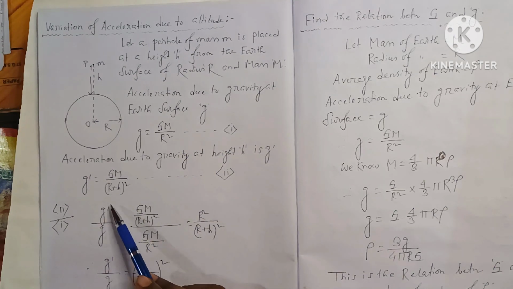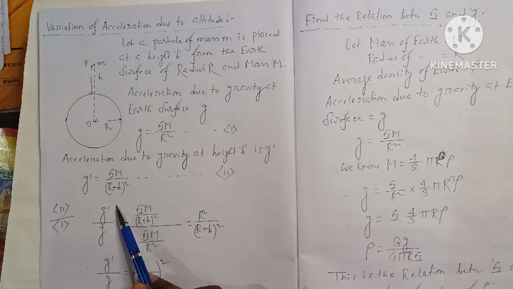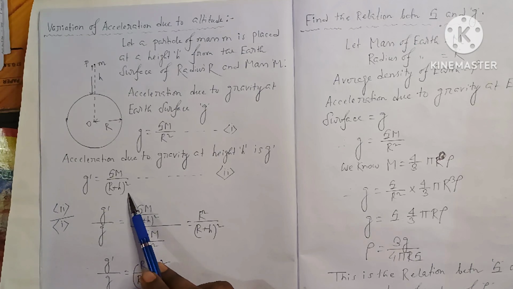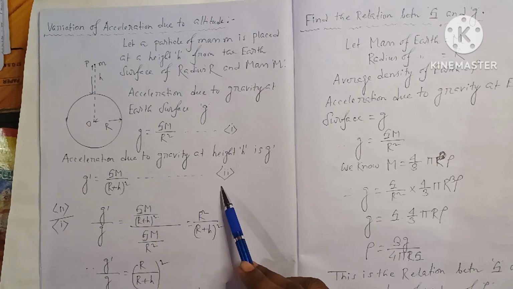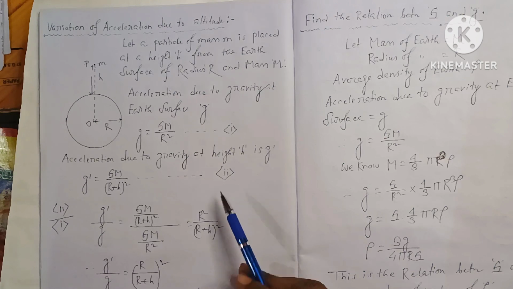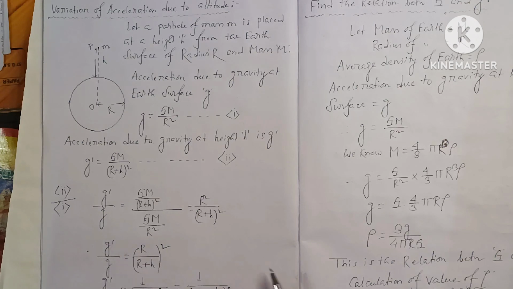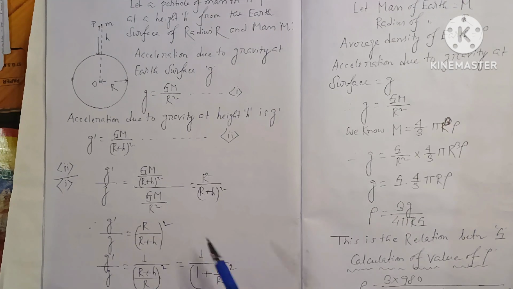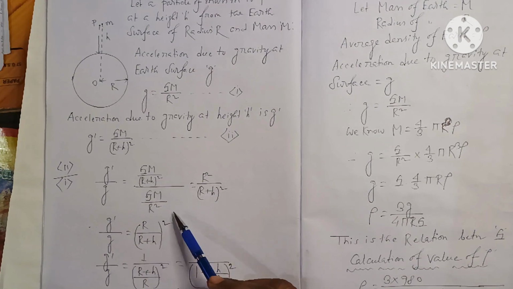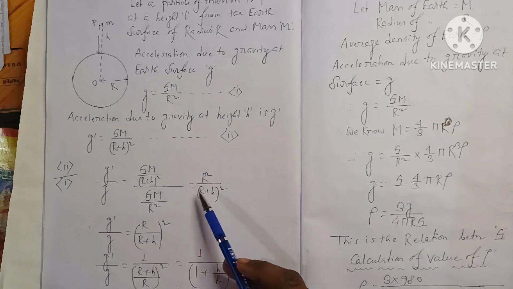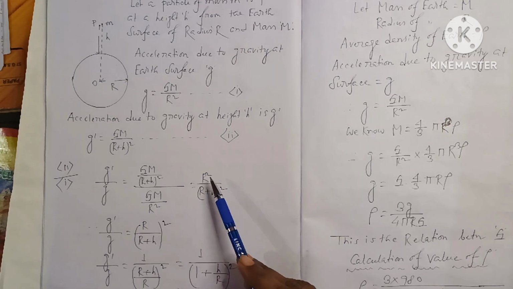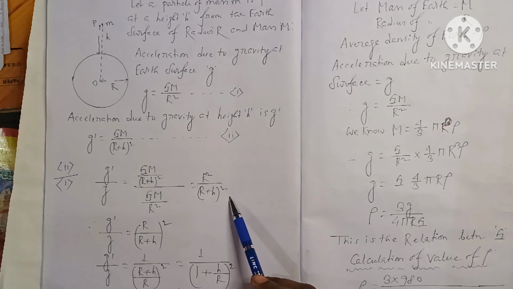So we can write g dash equals GM by (r plus h) whole square. This is equation number 2. Dividing 2 by 1, we get g dash by g equals r square by (r plus h) whole square.